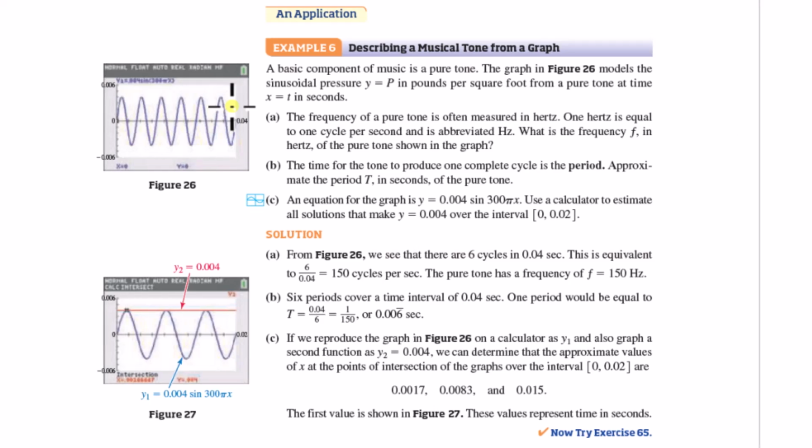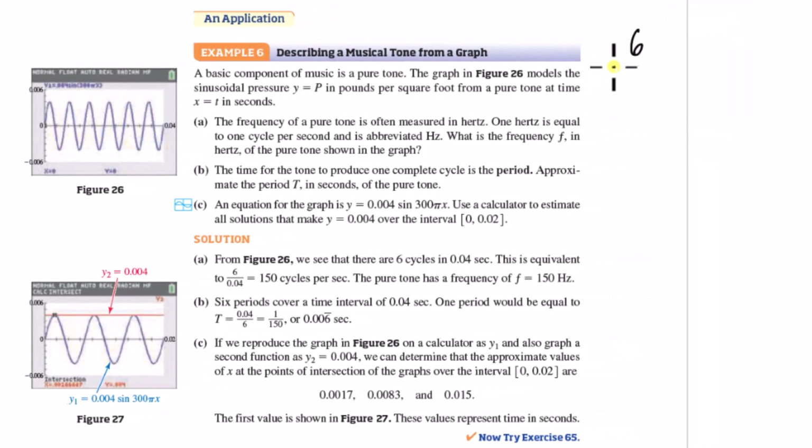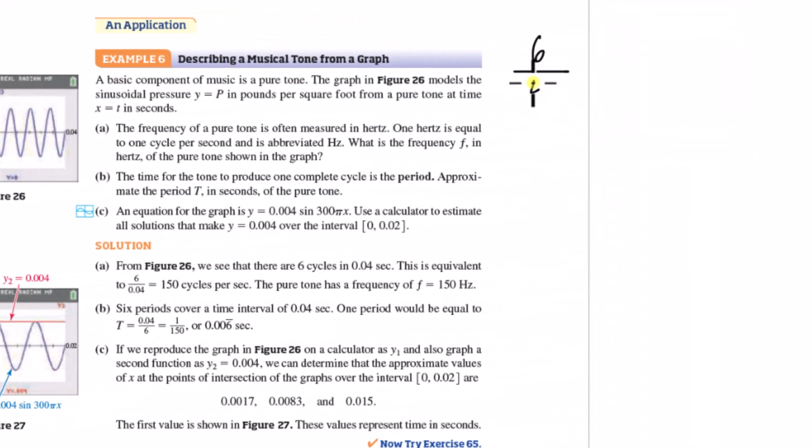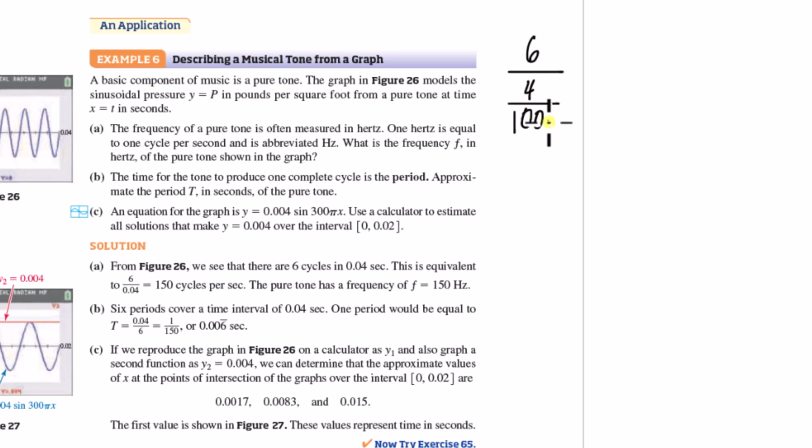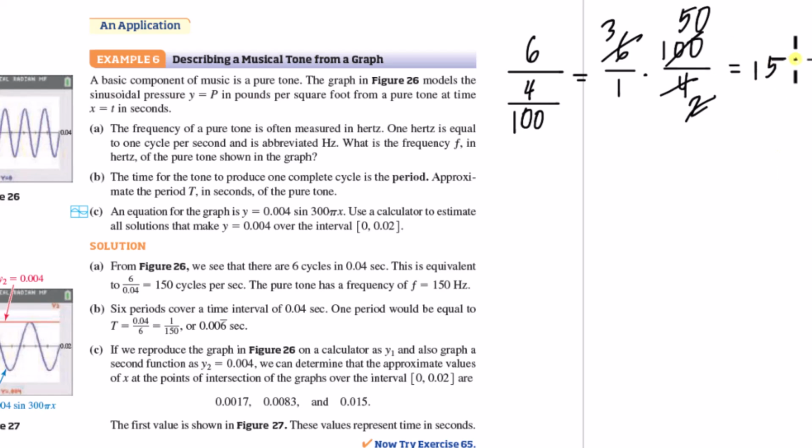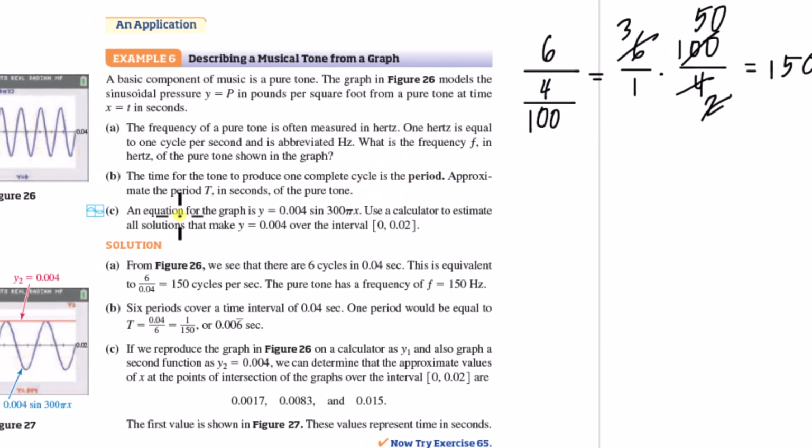So 6 cycles in 0.04 seconds, 6 cycles in 1/25th of a second, so we've got 150 hertz. Now, the time for the tone to produce 1 complete cycle is the period. Approximate the period in seconds of the pure tone.